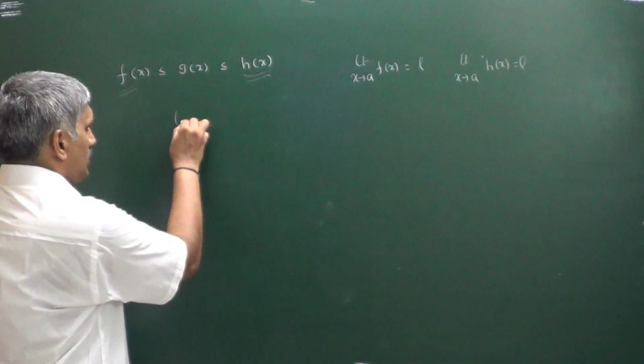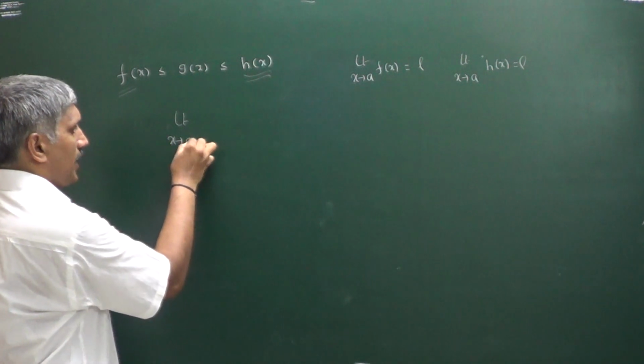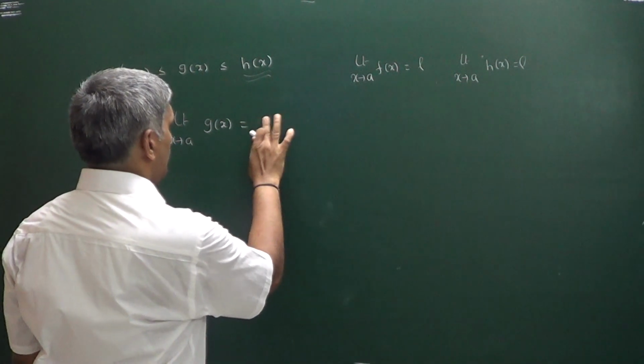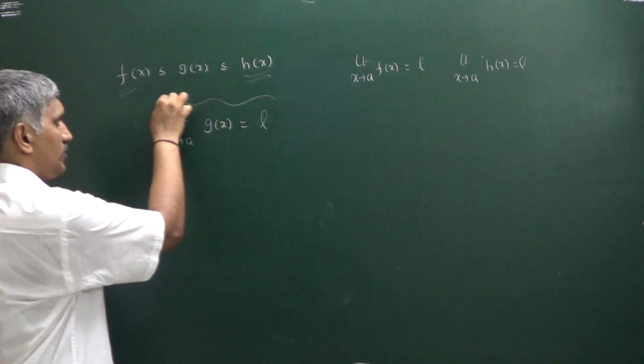Then we can write limit x tends to a, g of x is also equal to L. That is called the sandwich theorem.